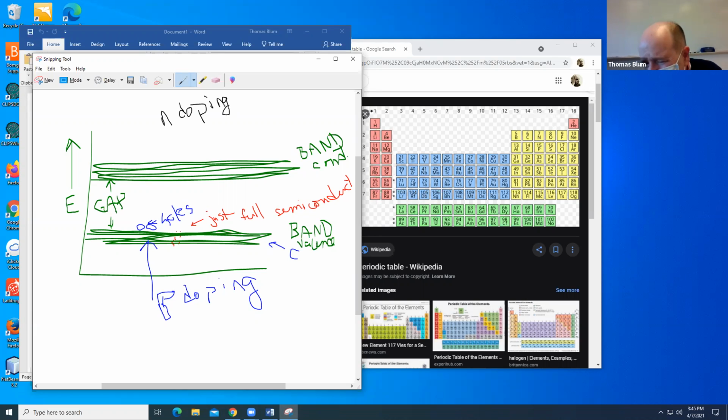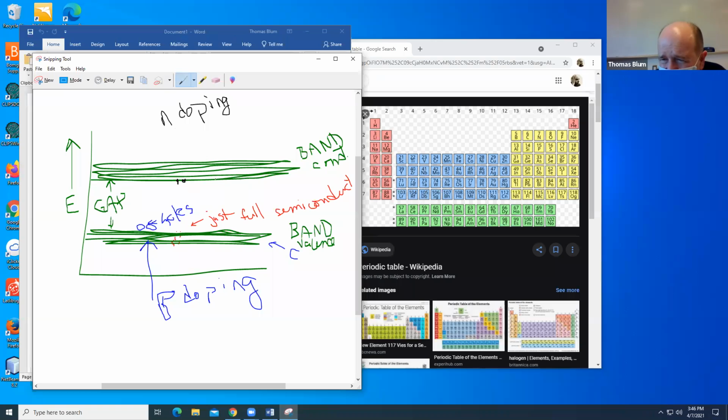Doesn't mean you're charged, because along with the extra electrons on the outside, there's a nucleus that has a bigger charge. So it's not charged, but there are more electrons to fill these levels. And so with n doping, you end up with something up here in the conduction band. And those electrons at least are around, available to move.